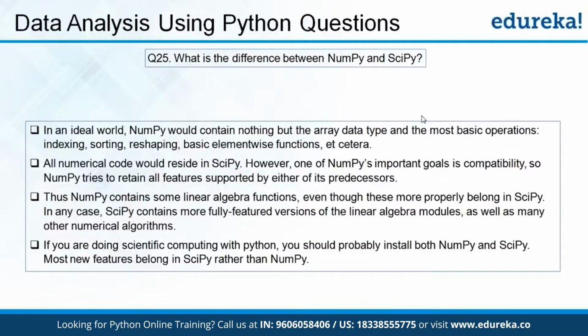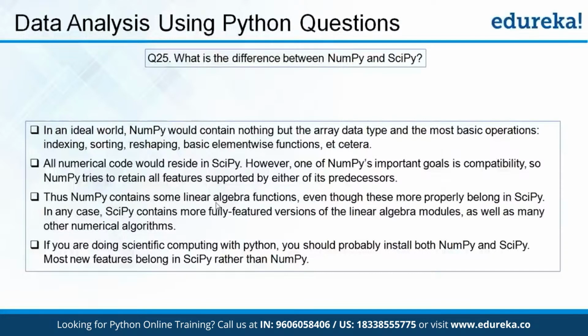Now, what is the difference between NumPy and SciPy? You've got something called NumPy, you've got something called SciPy. These are two different modules. NumPy is a much more raw module, if I were to say. NumPy would contain nothing but the array data type and the most basic operations like indexing, etc. Your numerical code is typically inside SciPy. But you would see that NumPy and SciPy are quite compatible with each other because SciPy is built on top of NumPy. SciPy has retained all the operations of NumPy, but it has a whole lot of its own operations.